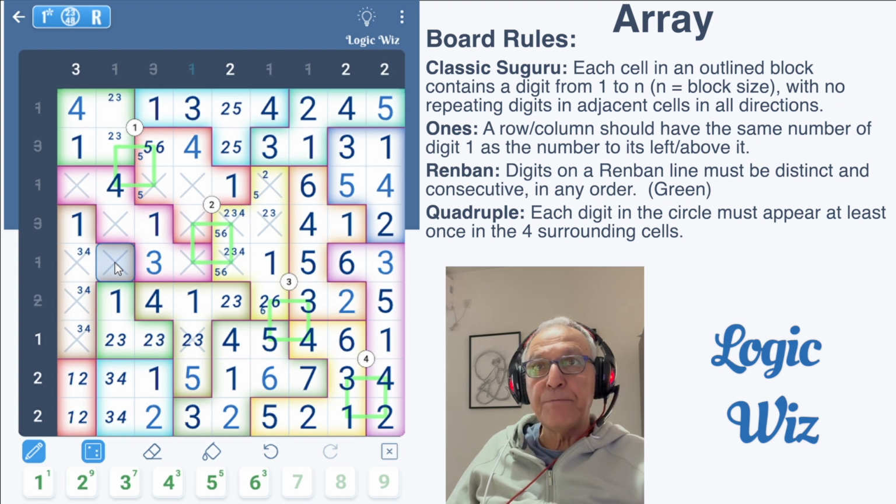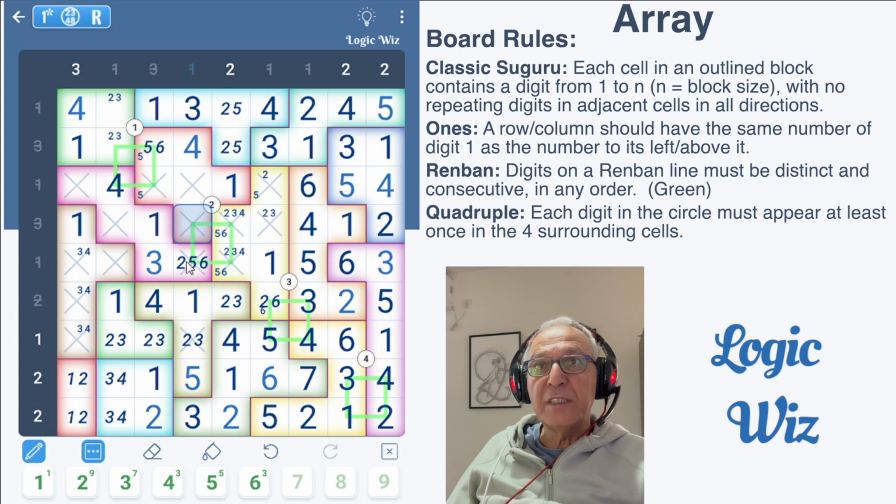So this one doesn't do it. Let's see what are the options here. This is a block of 6. It cannot be 1. It can be a 2. It cannot be 3. It cannot be 4. It can be 5 or 6.